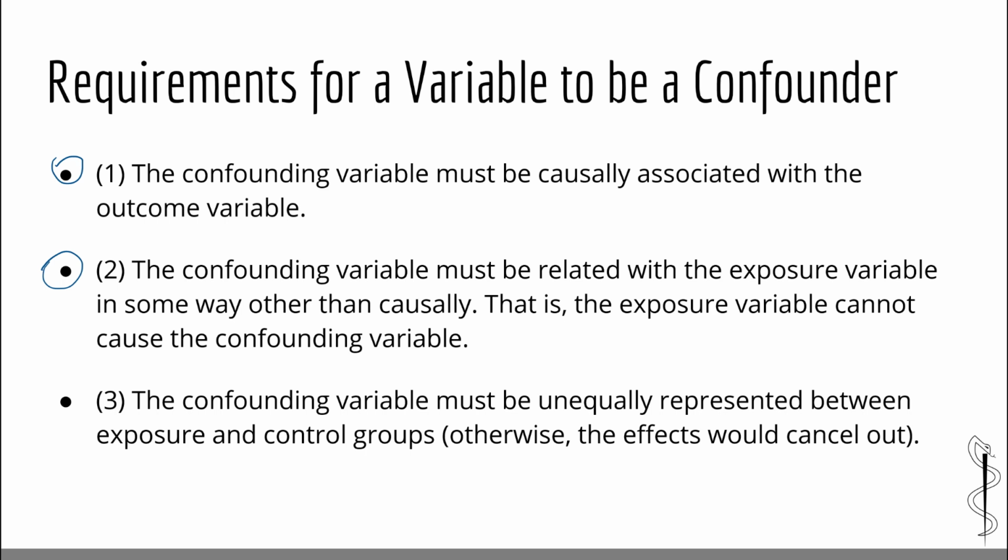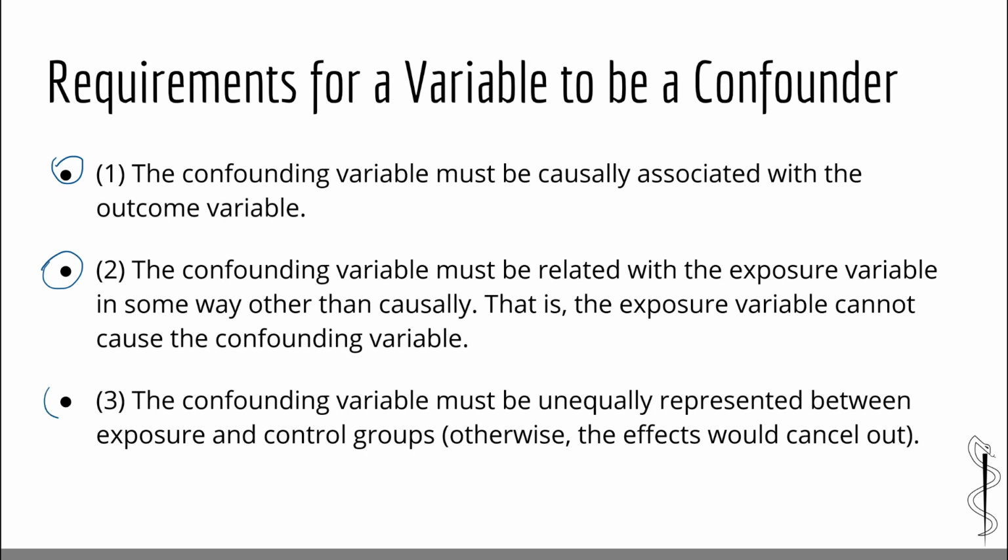This is also easy to understand because if the exposure variable causes the confounding variable and the confounding variable causes the outcome, then basically the exposure variable is associated with the outcome variable indirectly. However, as we have said multiple times, this is never the case in confounding bias. In confounding bias, the exposure is never in any way associated with the outcome variable.